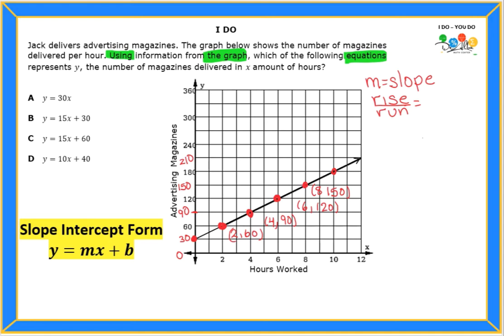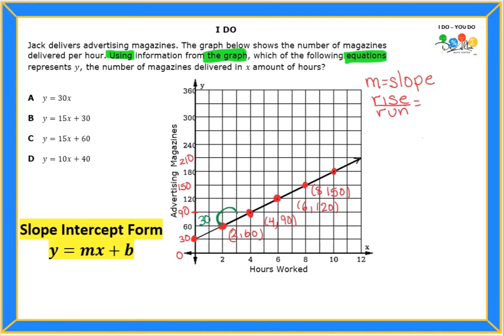But the rise over run, we can definitely do on the graph. So I'm going to go 1 square up. Now remember, that's not exactly 1 square because I'm going from 60 to 90. So that's actually 30. Very good. Then I'm going to go sideways. And this one actually counts by ones, right?